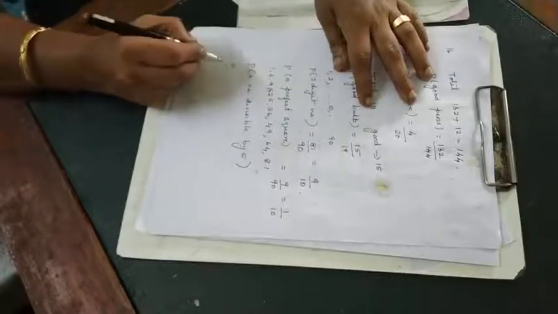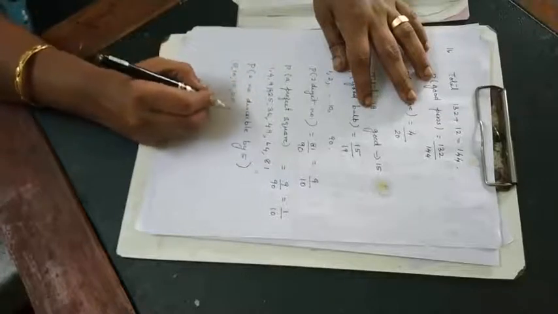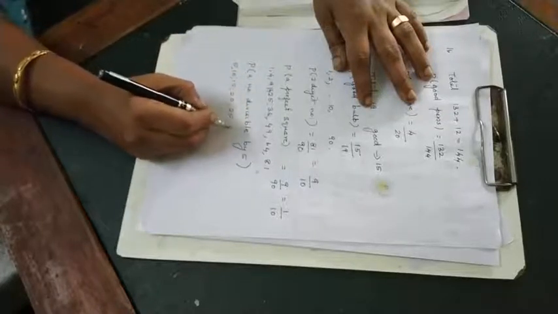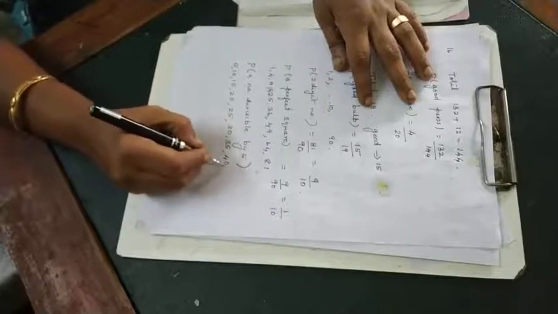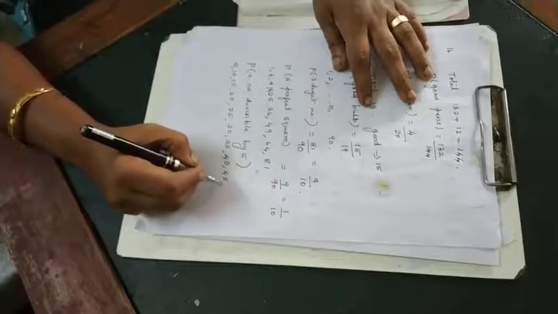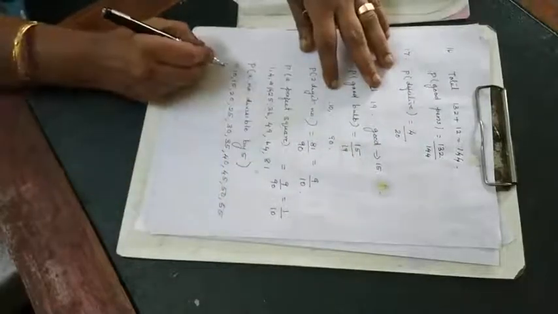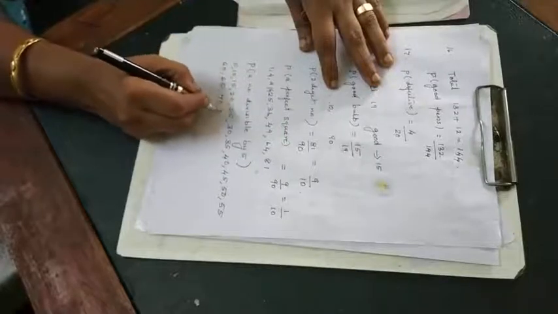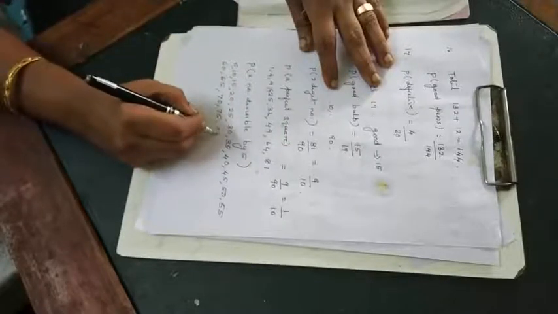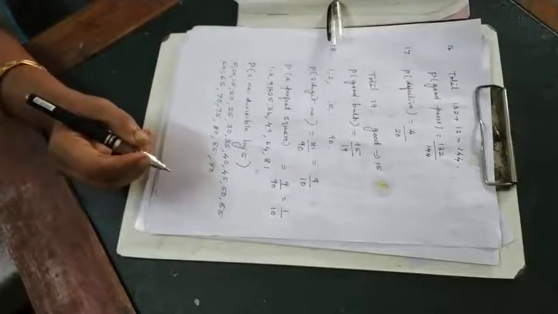That is first one 5, then 10, 15, 20, 25, 30, 35, 40, 45, 50, 55, 60, 65, 70, 75, 80, 85 and 90.